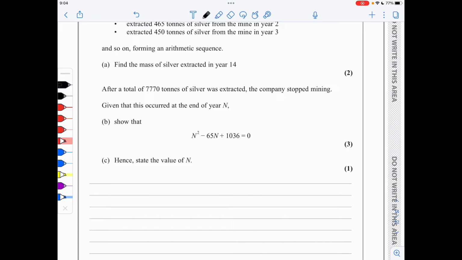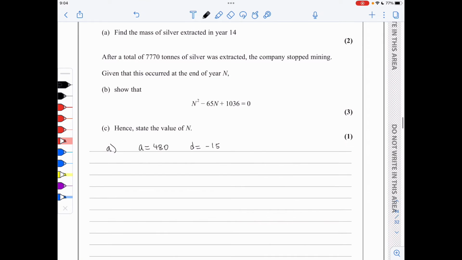It is obvious that we're looking at an arithmetic sequence with first term being 480, common difference being minus 15 because I keep dropping by 15. So the 14th term will be a plus (n minus 1)d, which gives an answer of 285 tons.